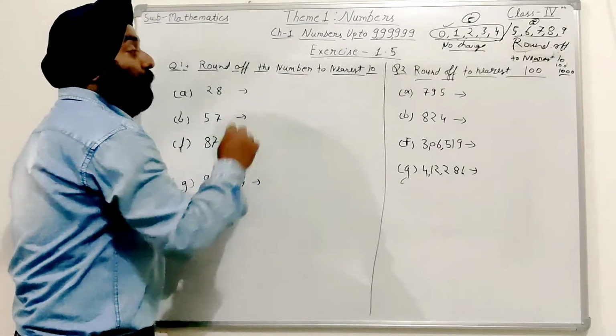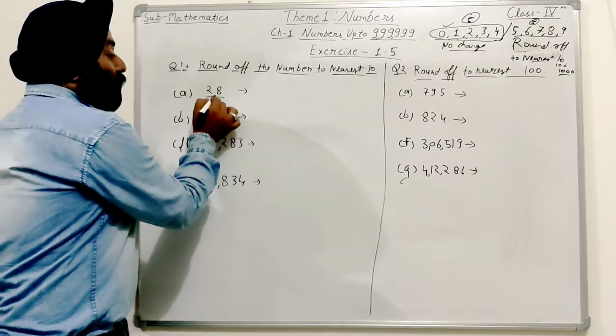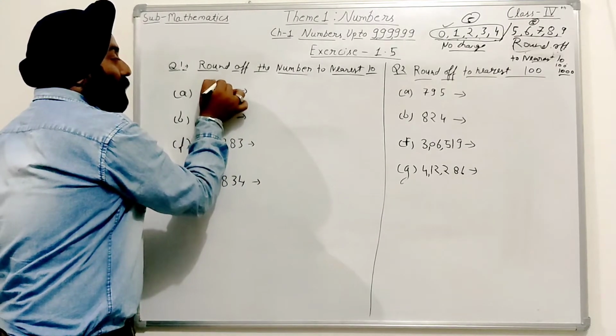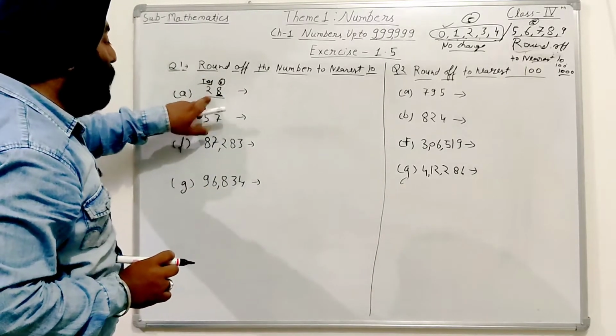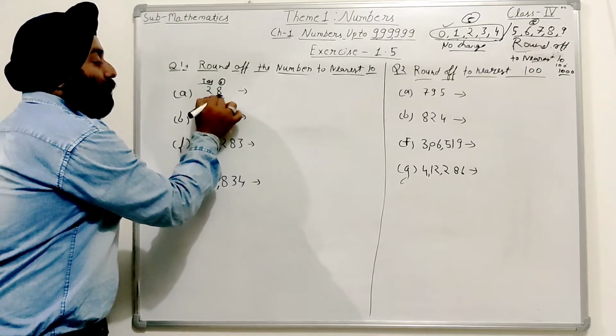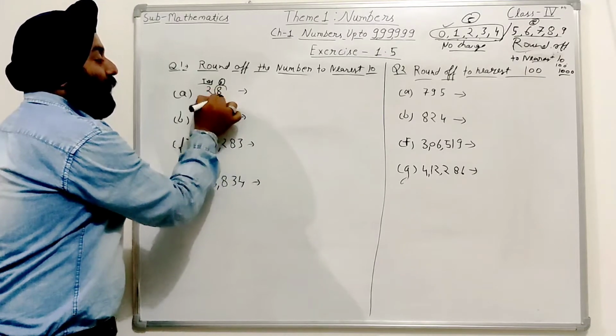So rounding off the number to the nearest 10. In 28, the last digit is the ones digit and the next is the tens digit. So the tens digit is 2 and the ones digit is 8.